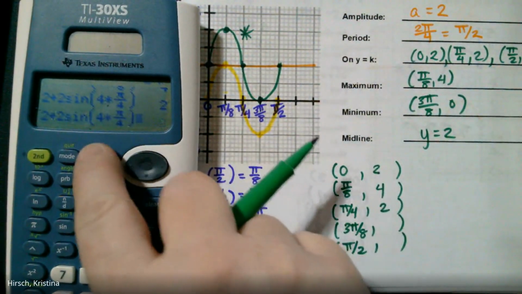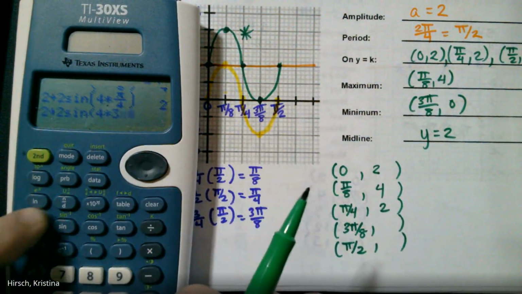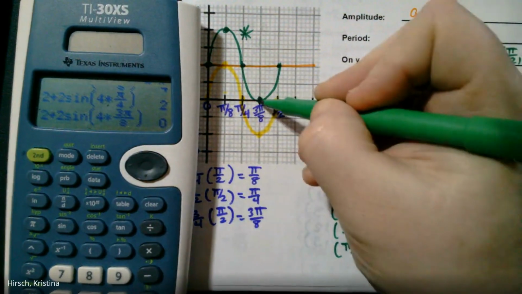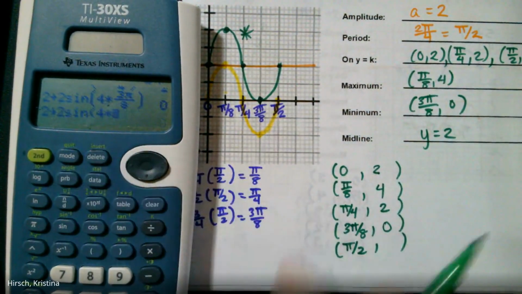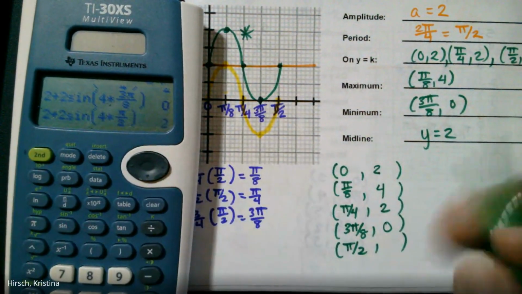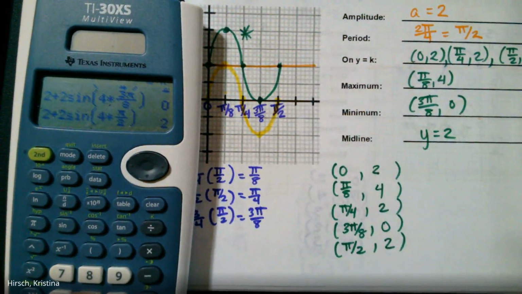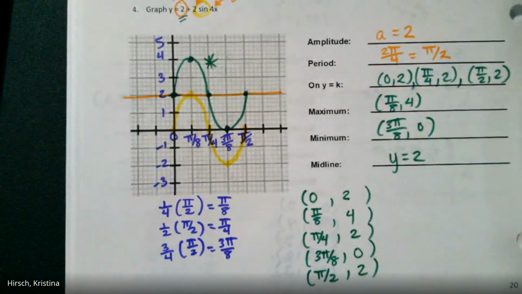Do it again with 3 pi over 8, and I got 0, which is why we're at 0 here. And one last time at pi over 2, and I got 2, which is why we're at 2. So just a quick reminder of how you would utilize your calculator to do that.